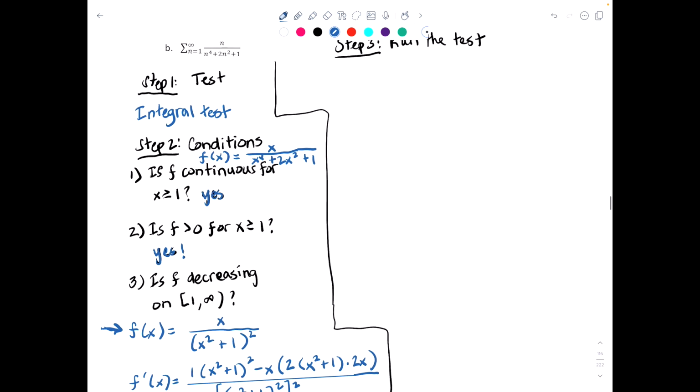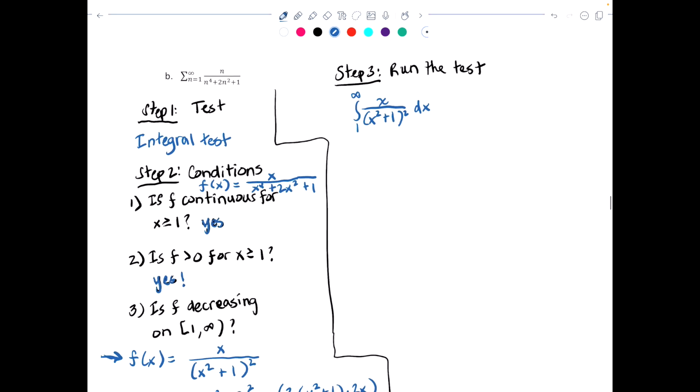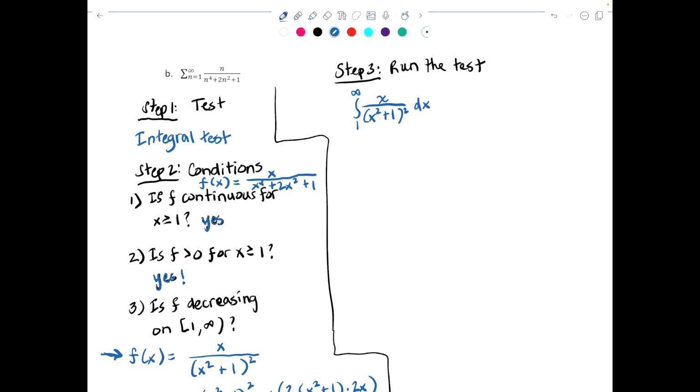The integral from 1 to infinity of x over x squared plus 1, the quantity squared, with respect to x, is equal to the limit as b approaches infinity of the integral from 1 to b of, and I'm going to do a little adjusting here, our g is x squared plus 1, so our g prime is 2x, so we need a 2x, right?